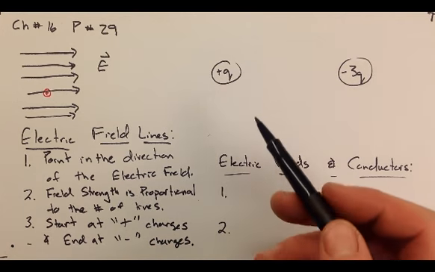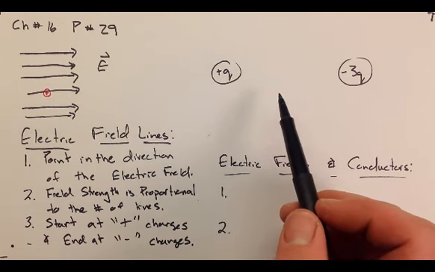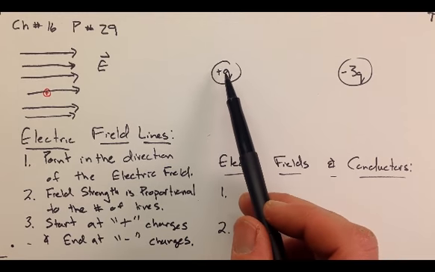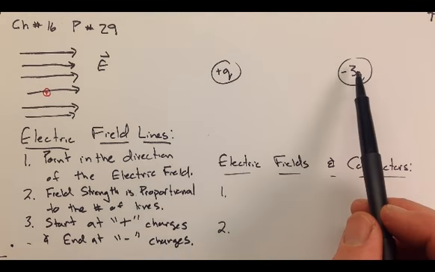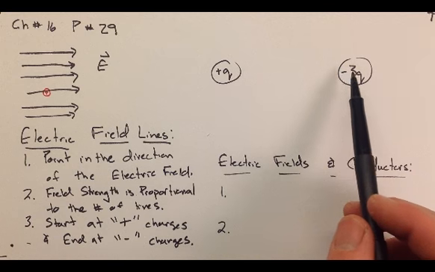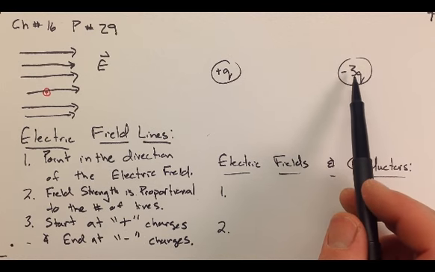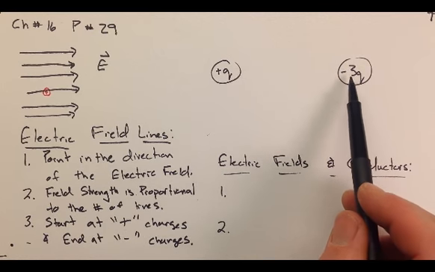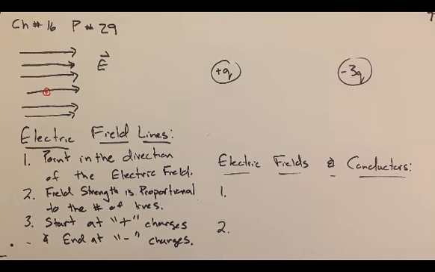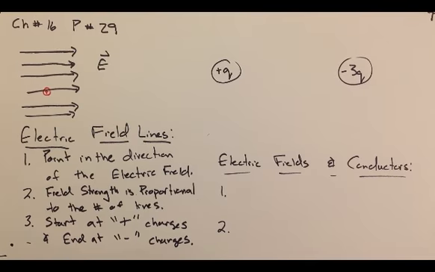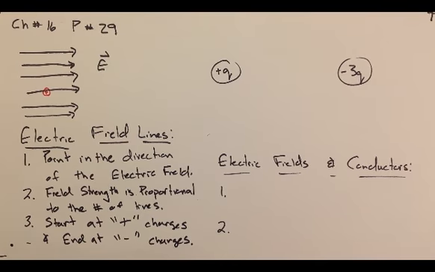So to illustrate this, let's do a little example. Let's imagine that I had a positive charge Q, and some distance, say L away, I had a negative charge that was 3 times as big, so negative 3Q. What would the electric field lines look like around these charges? Now, there are actually many correct answers we could come up with here, but we're just going to come up with one.